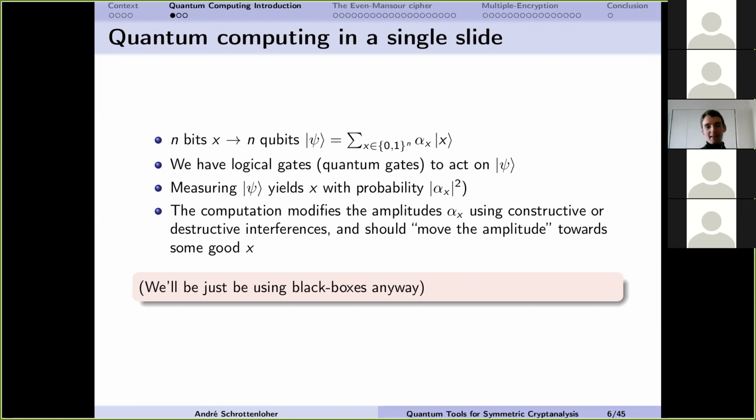And this is a lot of information, but almost none of it is immediately accessible to us, because the only way to access information on the system is to measure it. When you measure it, it becomes a classical system. So basically, quantum computation is different from classical computation, as it's some kind of probabilistic computation where the probabilities are complex numbers, so they can interfere destructively.